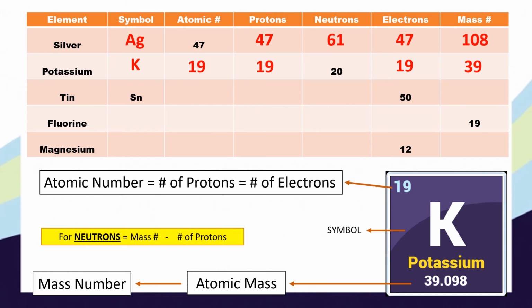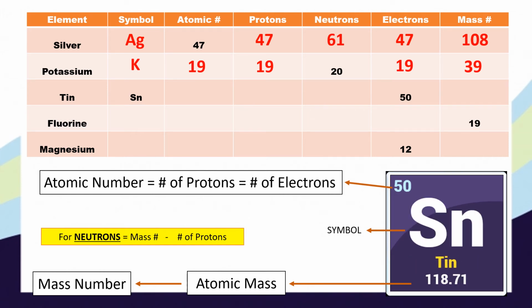Now, let us have the third example, which is tin, with the symbol of Sn, which came from the Latin name stannum. The atomic number of tin is 50. Therefore, the number of protons is also 50 and electrons are also 50.